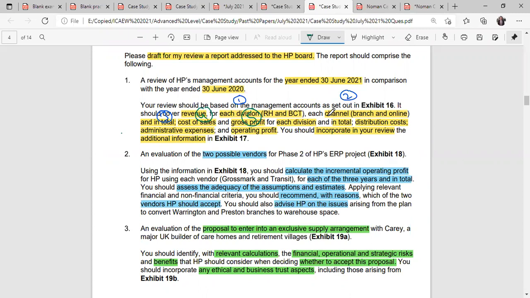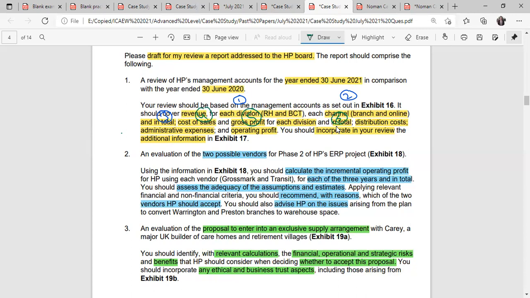Sometimes students might be confused and wish they could analyze each channel, but unfortunately we don't have the information. Do not waste your time on this point, and do not even mention in your exam that if you had the information, you could analyze channel-wise. It is not required at all, because the examiner knows what he or she has to provide and what not. Such comments are not good for you. For each division and in total here as well. So this is going to be your 6th one.